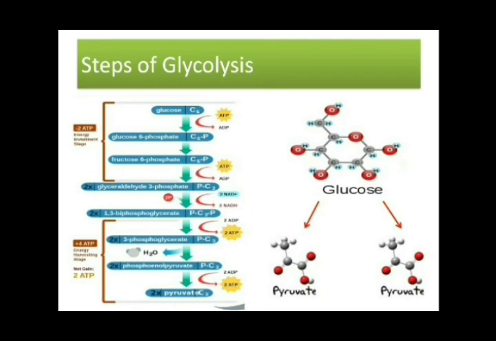Fructose 6-phosphate is formed, and then fructose 6-phosphate splits into 2 parts, that is dihydroxyacetone phosphate, which can be interchanged into glyceraldehyde 3-phosphate.